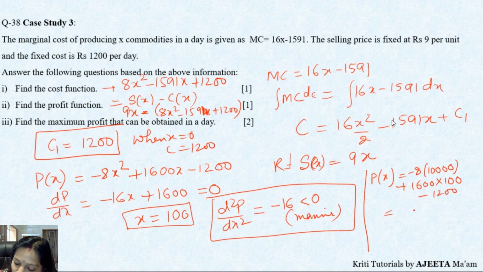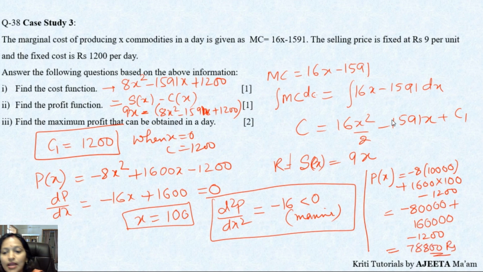So let's calculate this value. 80,000 here we get, 1,60,000 here we get, minus 1200 here we get. So what do we get as the final answer? 78,800 rupees. So that's your profit if x units are sold out in a day. Correct?